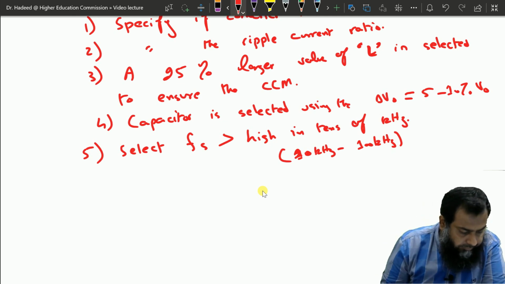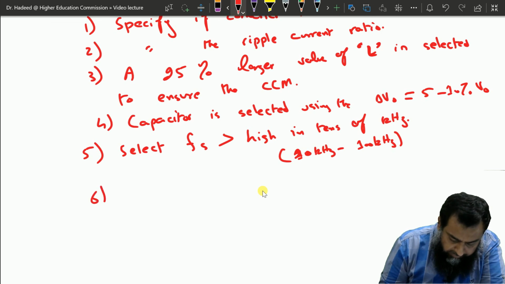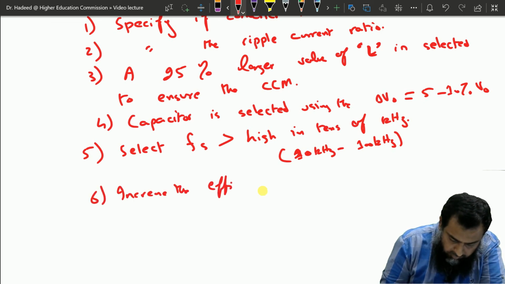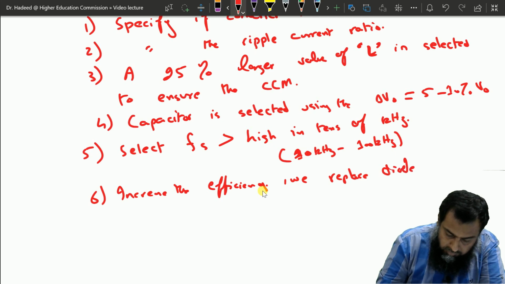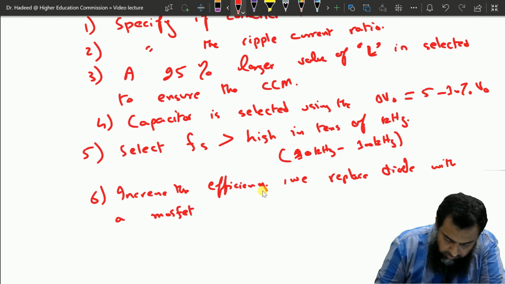Then we have to increase the efficiency. Sometimes we replace the diode with a MOSFET, and this process is known as synchronous rectification.